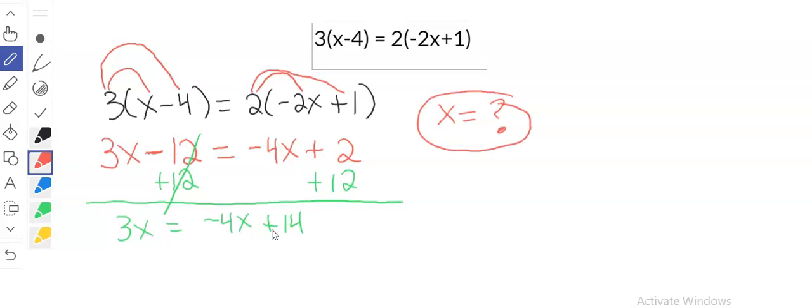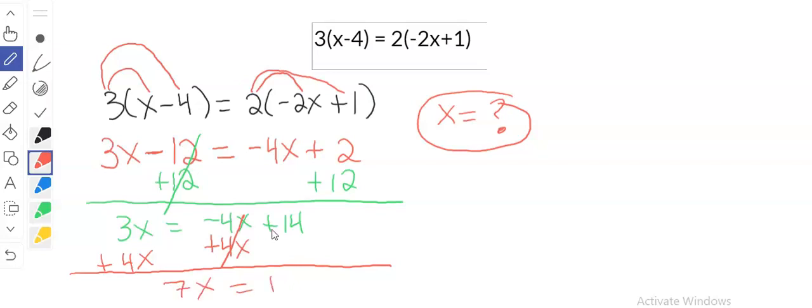It's very important to understand that. So what I do, I add this 4x on this side, since it had a negative sign. All right? To cross it out, I add it so it can cross out those 4's. Okay? Interesting stuff. All right? So I will have 7x equals 14.